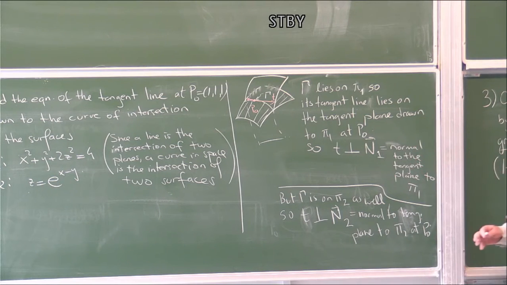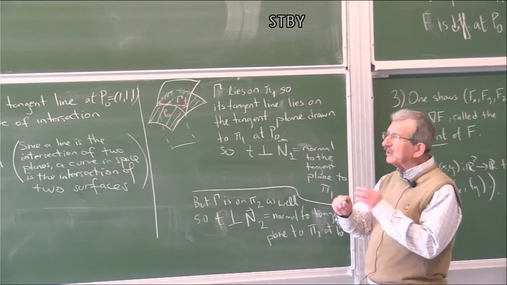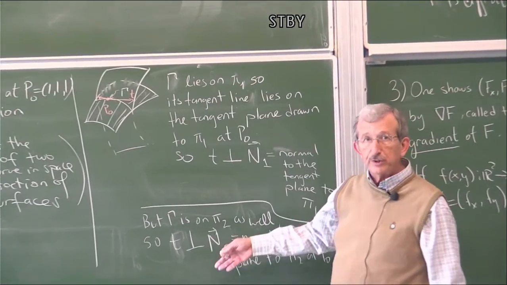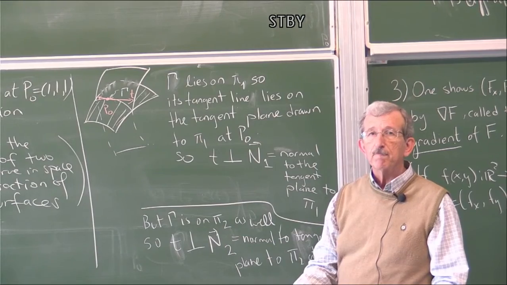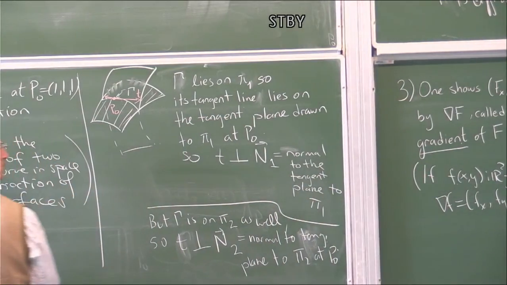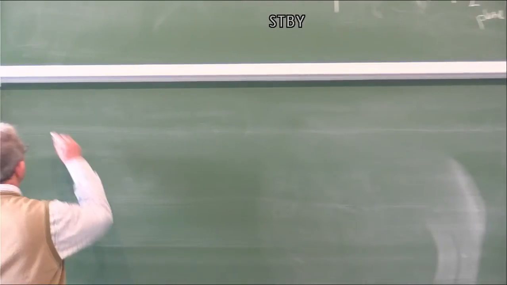So this gives me quite an insight, that is, this T, the tangent line to gamma, is perpendicular to two vectors, which we can calculate. So I can take it to be a cross product. It's perpendicular to both vectors. Okay.